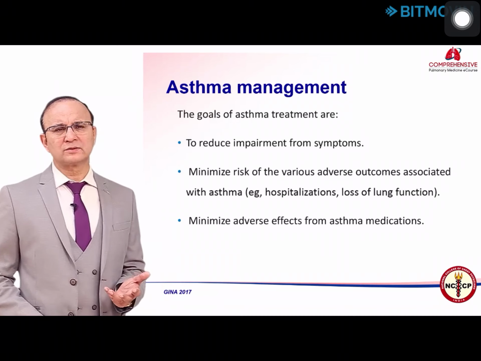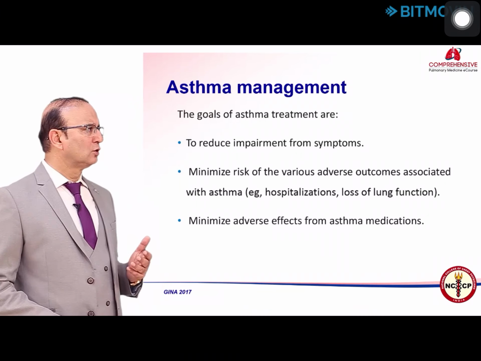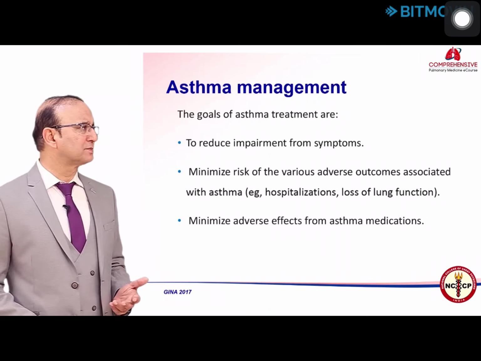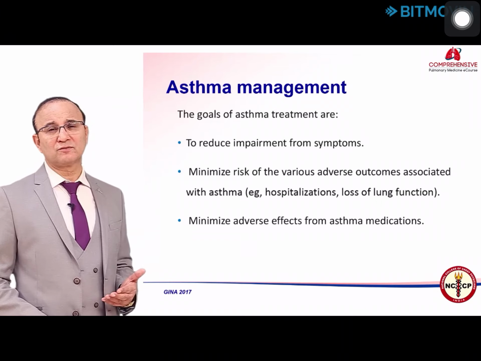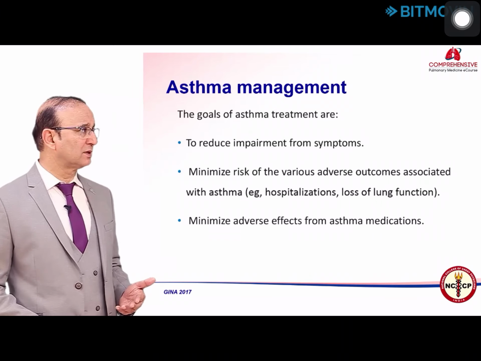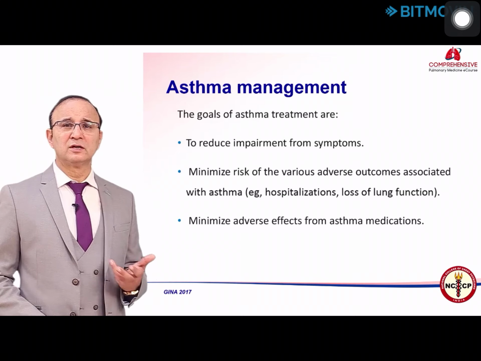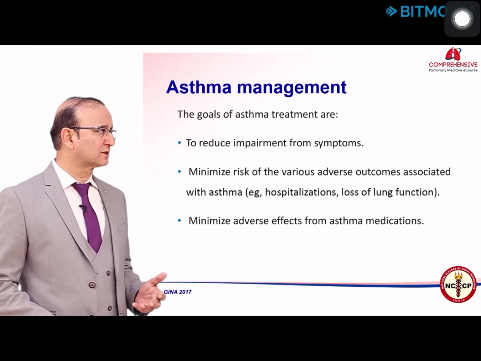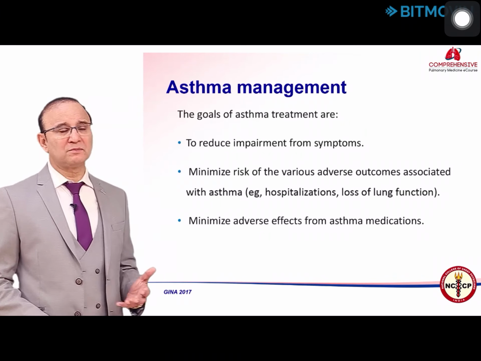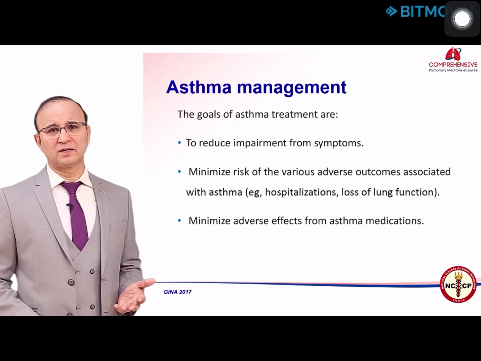The goal, when you treat a patient of asthma, is to reduce the impairment from symptoms, minimize the risk of adverse outcomes associated with asthma, that is hospitalization, loss of function, drug side effects, and you should have minimum adverse effects from the asthma medications.